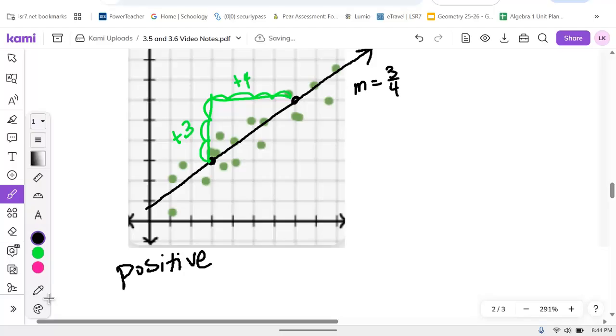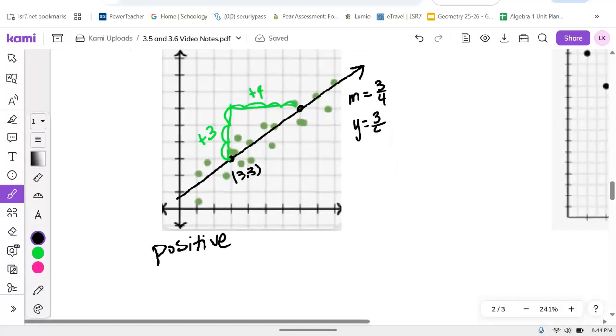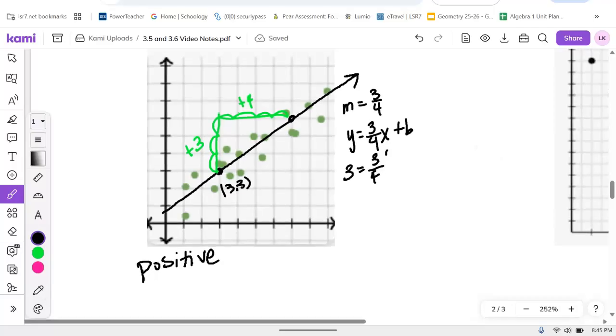And then I'm going to use this point, which is 3, 3. I'm just going to plug that into y equals 3/4 x plus b. I'm going to plug 3, 3 in for x and y. Oops, that should not be 3/4, that should be 4. Times 3 plus b. So 3 equals 9/4 plus b. I'm going to subtract 9/4.